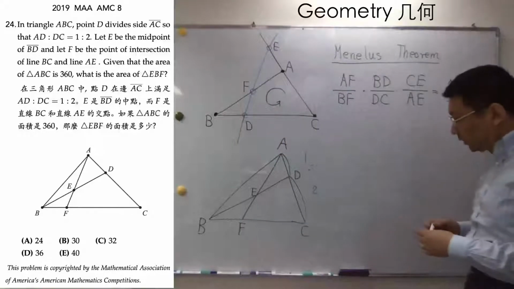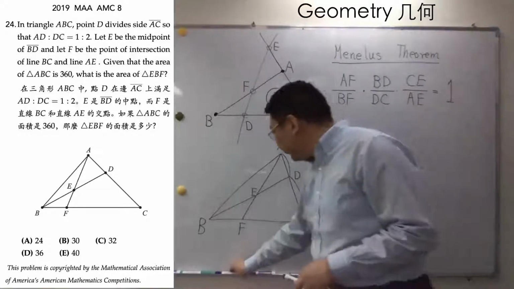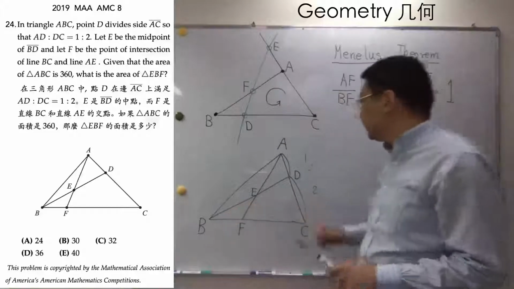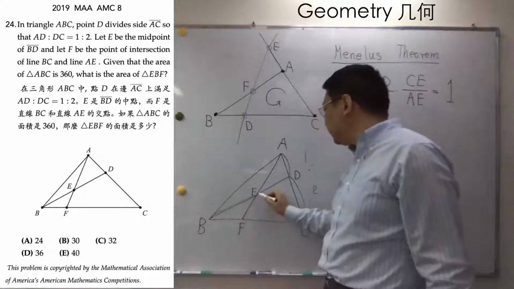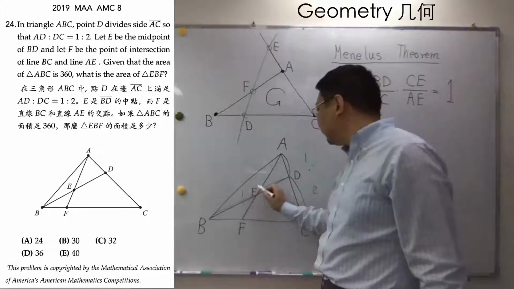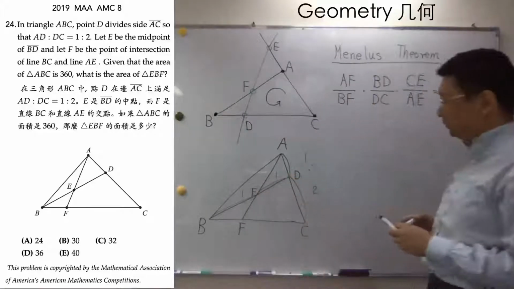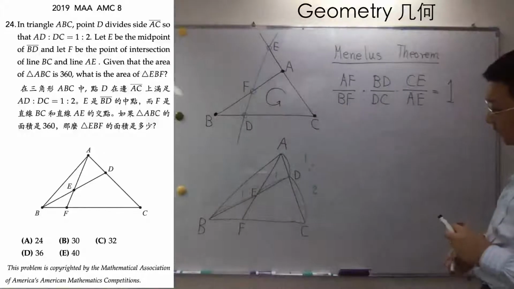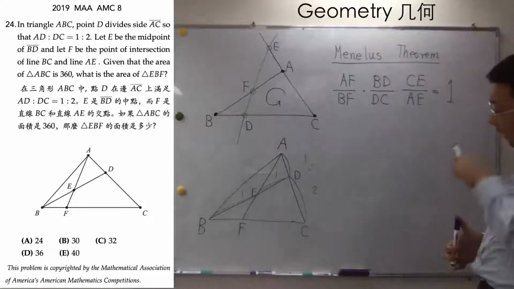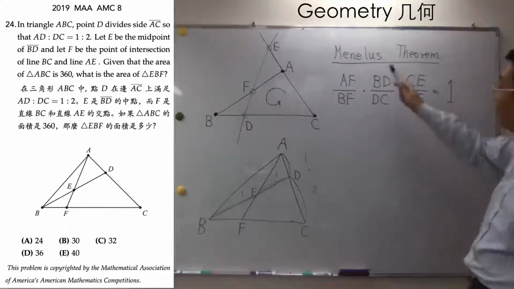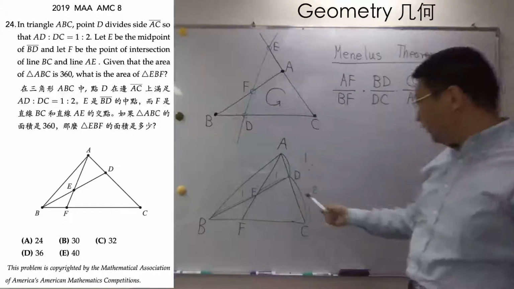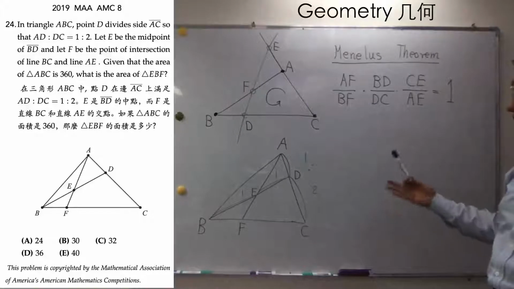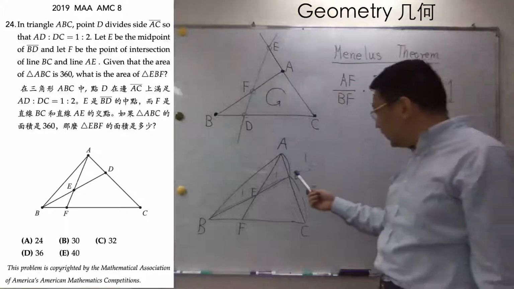So what is the next ratio we have? The next ratio is BE equals ED. In other words, BE to ED is 1 to 1, right? So now let's see how we can use this Menelaus theorem. By using this theorem, we will see what the two conditions we have are.